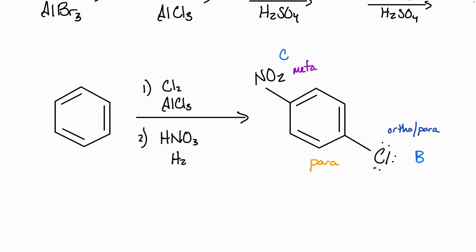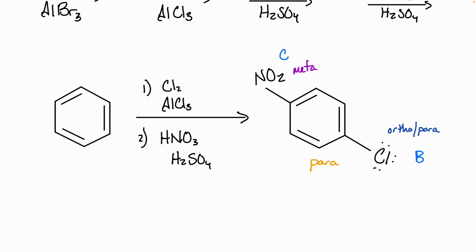You might say, well, won't I get a mixture of both the ortho and the para product? Yes, absolutely. But importantly, you have to do them in this order if you want any para product at all. If you reverse these two, you would not get that desired product.